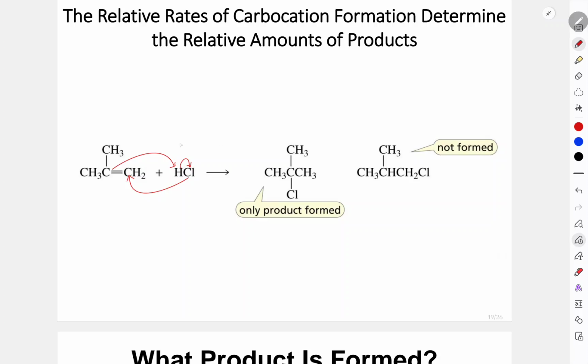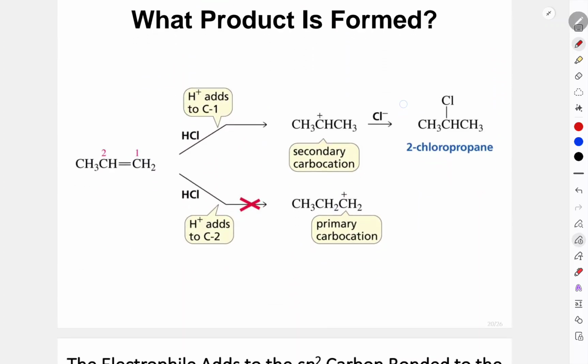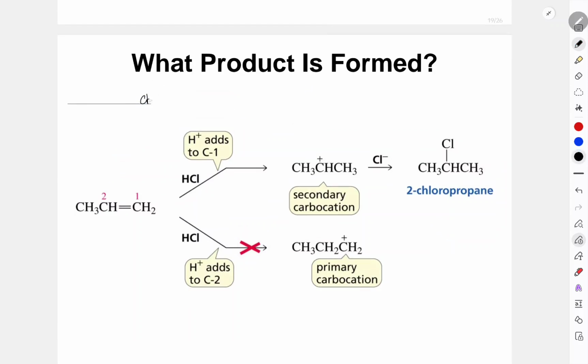What product is formed? Now the substrate is different, but I guess you can apply the same principle. You have a choice: carbon 1 and carbon 2 are not the same, they are not equal. You can consider the first electrophilic addition, the proton addition.